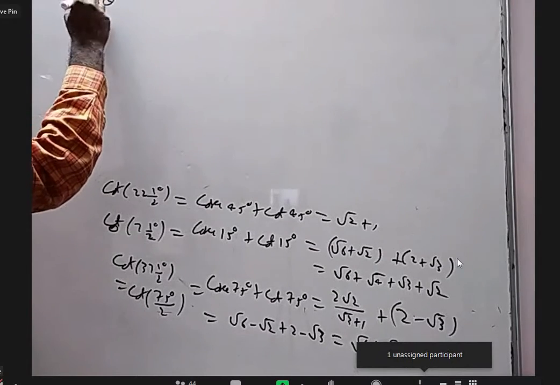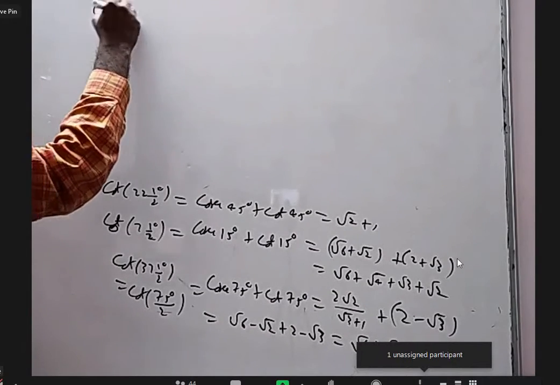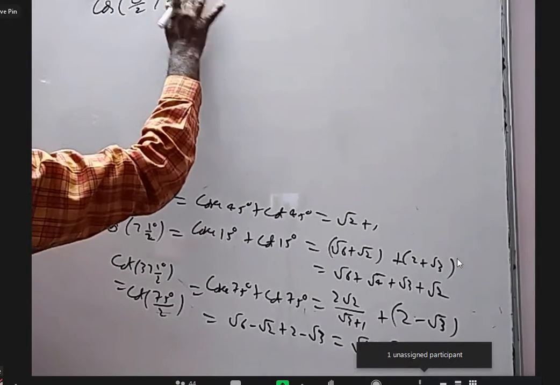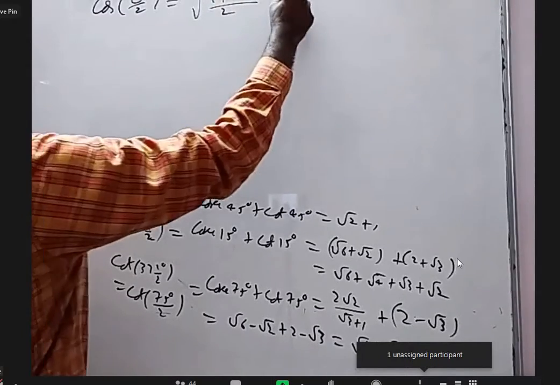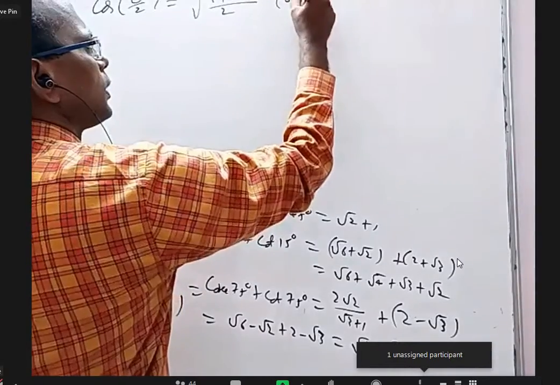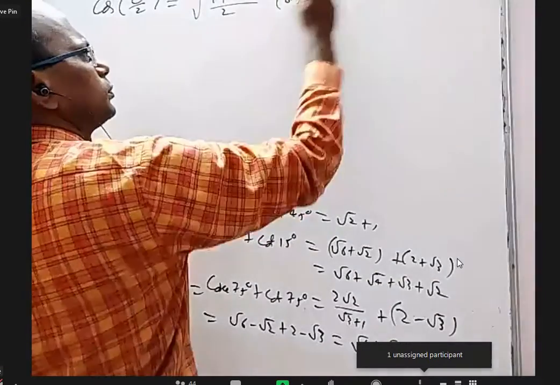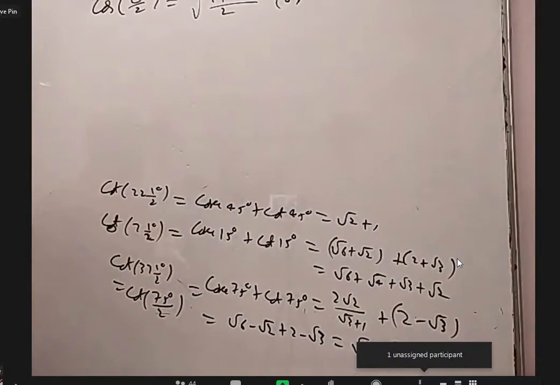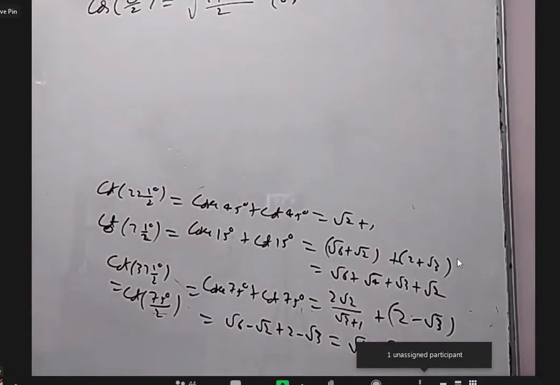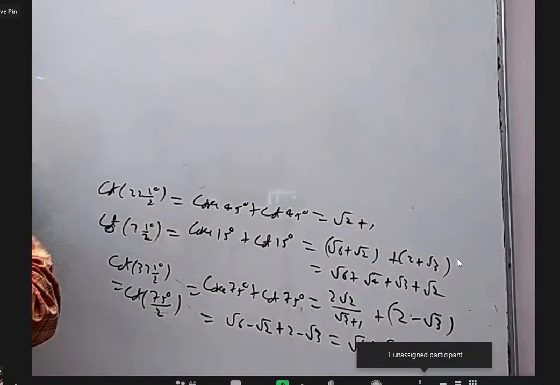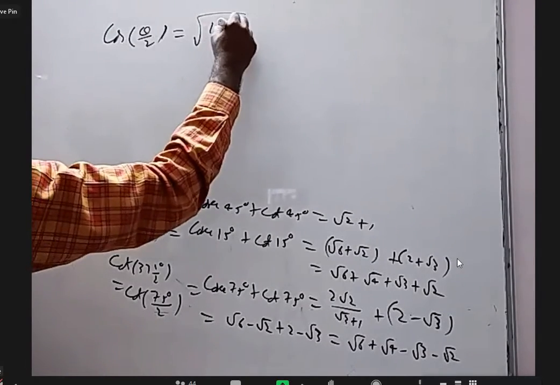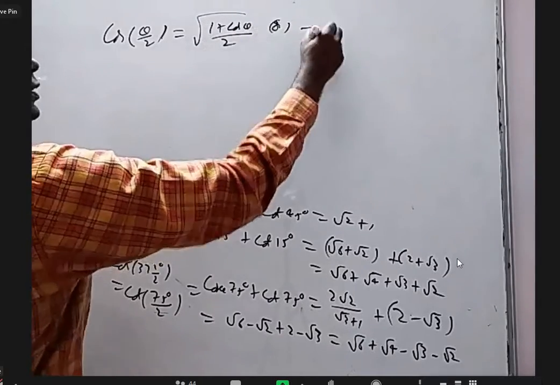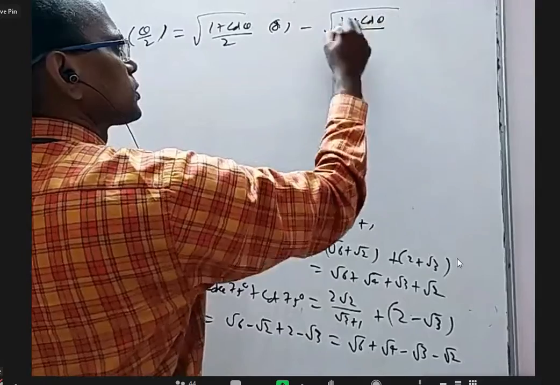Okay, cos theta by 2 can be written as square root of (1 plus cos theta) by 2, or minus square root of (1 plus cos theta) by 2.